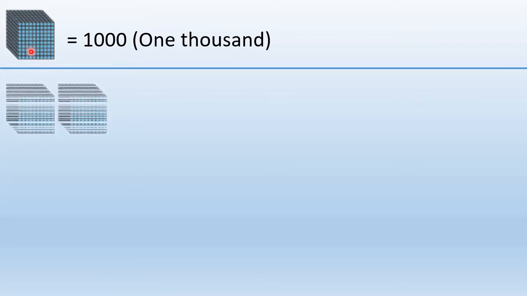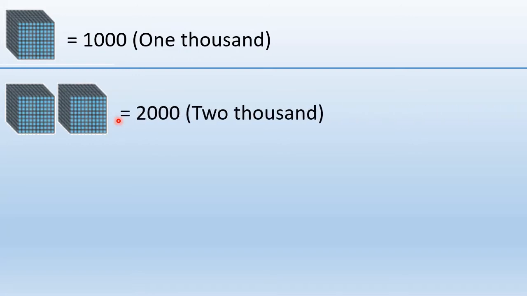And if we have two such blocks, one block represents 1000, so what number do these two blocks together represent? Yes, these two blocks represent the number 2000. So you should learn how to write the number 2000 and the number name.